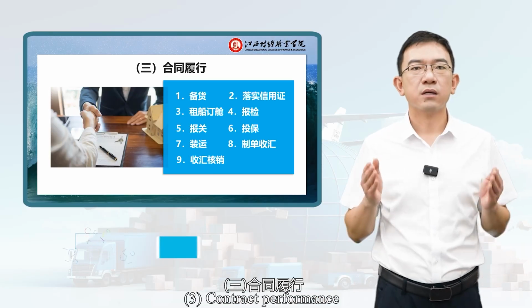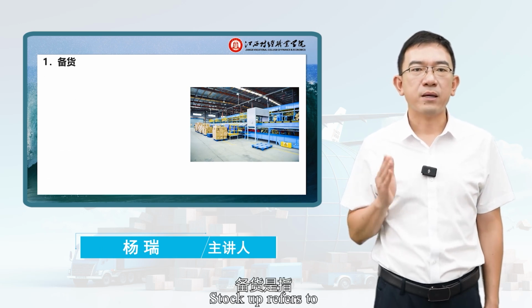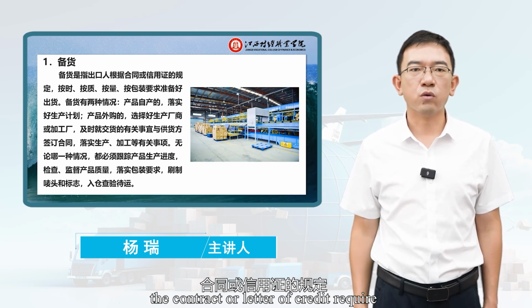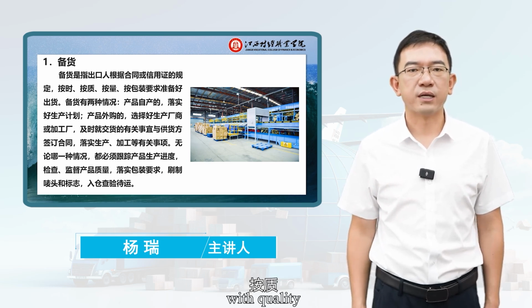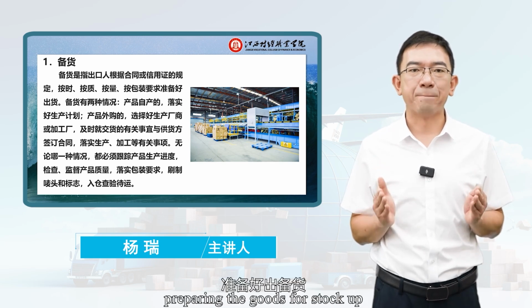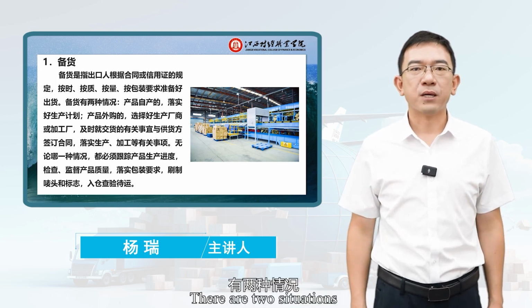3. Contract performance. 1. Stock up. Stock up refers to the exporter preparing the goods according to the contract or letter of credit requirements, on time, with the required quality, quantity, and packaging. There are two situations.